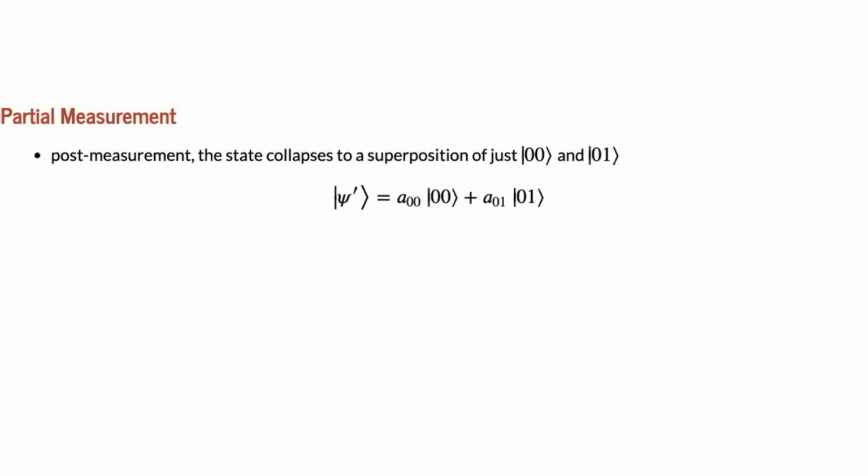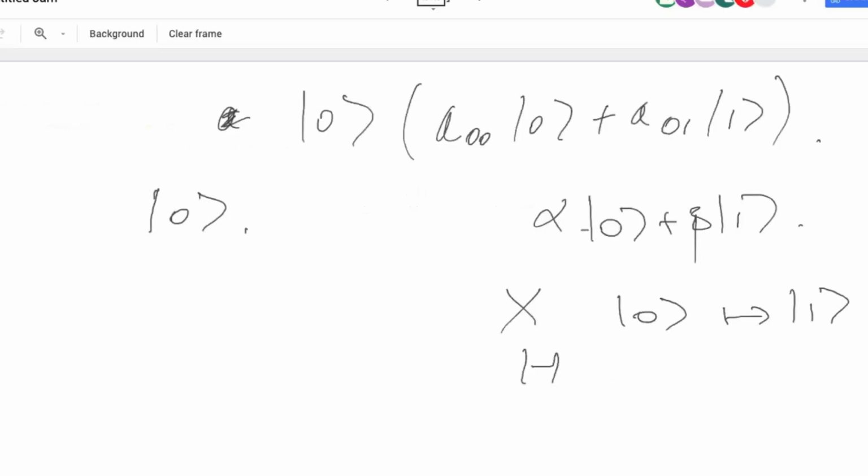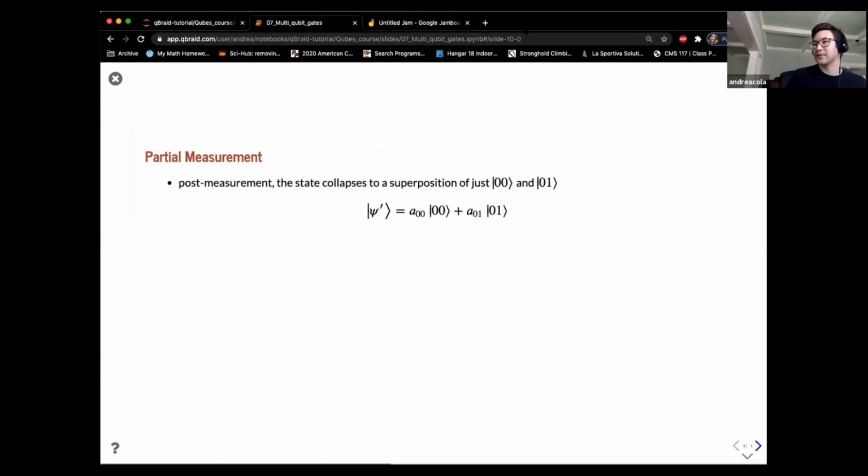The norm of this state would simply be alpha 0,0 squared plus alpha 0,1 squared. That's definitely not equal to 1, because before, it was the sum of all 4 terms, which was equal to 1. Now we just picked out 2, so the norm is less than 1.